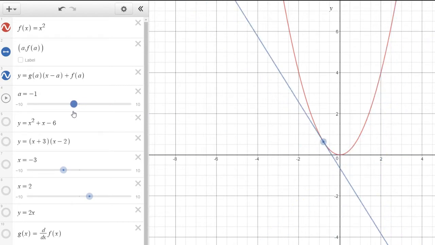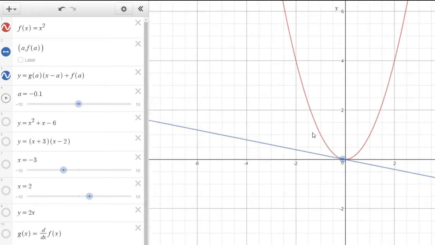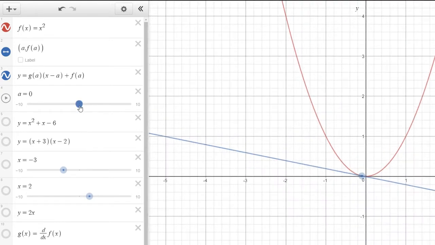That blue line gives us the gradient at each point, as it's tangent to that curve. For example, if I zoom in a little bit and go to the point where x equals 1, y equals x squared, so 1 squared is equal to 1, so that's on the red curve.